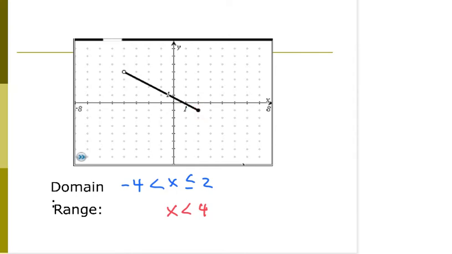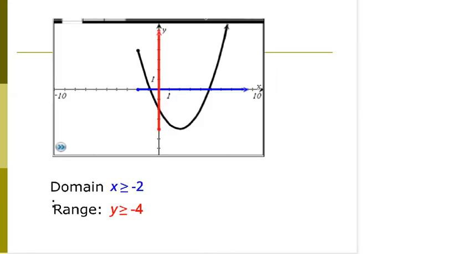We would have to put an or equal to. So this is our domain and range for the graph shown here. Pause it at any time and see if you could determine why this is the domain and range for this relation that is shown here.